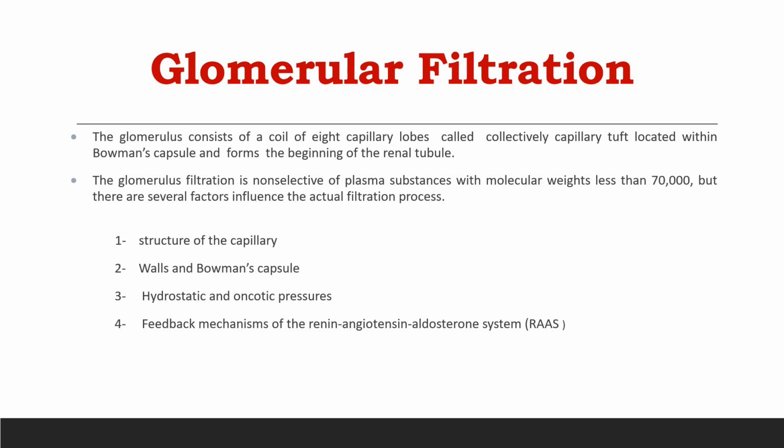The glomerular filtration is non-selective for plasma substances with molecular weight less than 70,000 daltons, but several factors influence the actual filtration process: the structure of the capillary walls and Bowman's capsule, hydrostatic and oncotic pressure, and the feedback mechanism of the renin-angiotensin-aldosterone system, called RAAS.